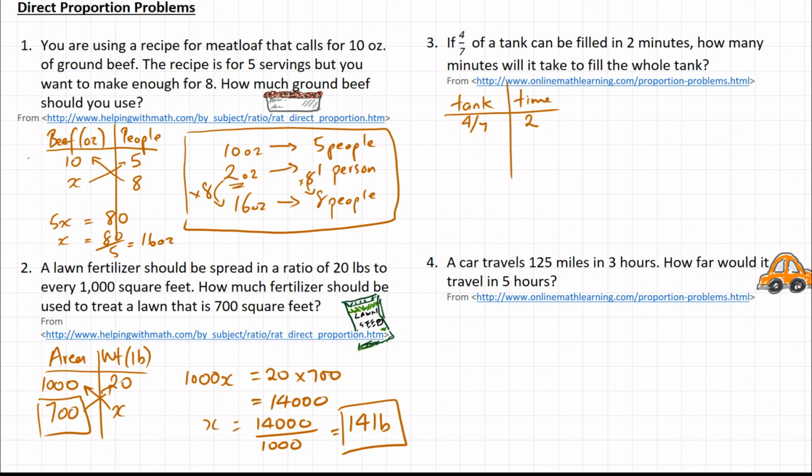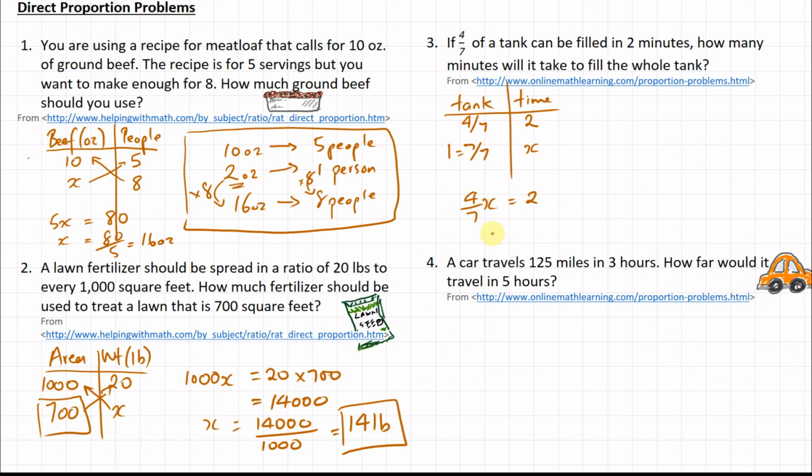Therefore, how long would it take to fill the whole tank? Now the whole tank will be 7/7, which is also equal to 1 whole. So setting up our equation, we have 4/7 times x is equal to 2 times 1, which is 2.